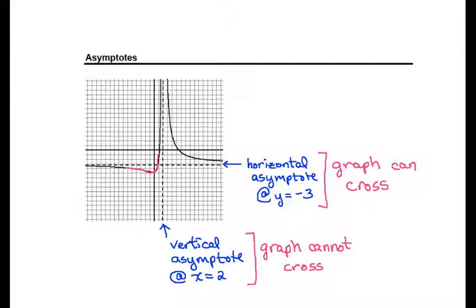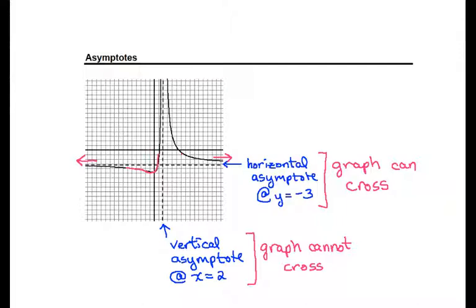But what you'll find is, regardless of whether the graph crosses, as you go out towards negative infinity in the x direction or towards positive infinity in the x direction, the graph approaches these asymptotes. So it gets closer and closer the further out you go. Same thing happens with a vertical asymptote.